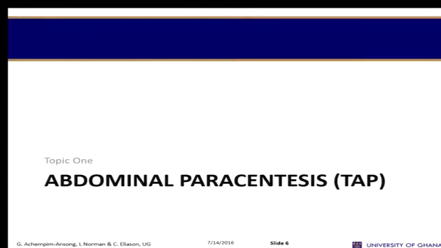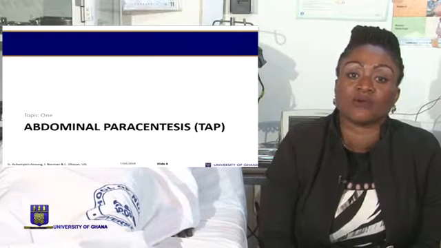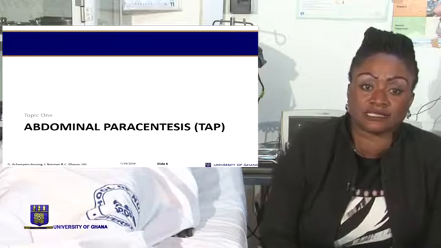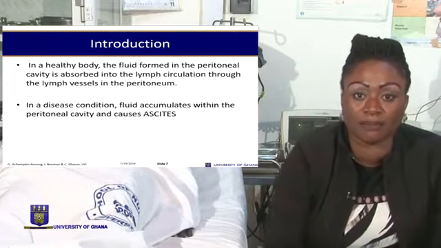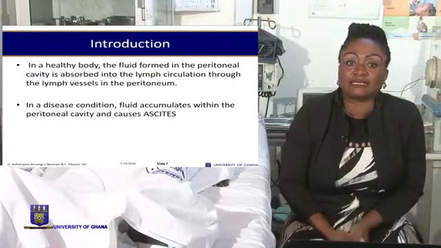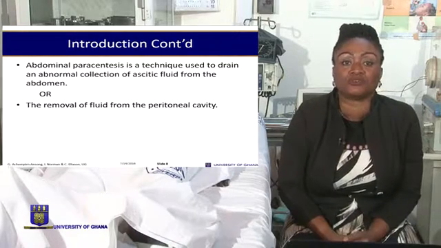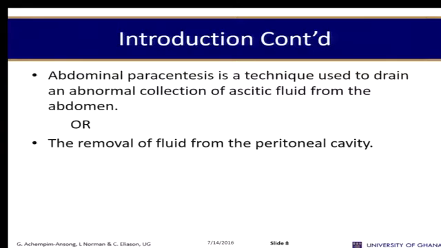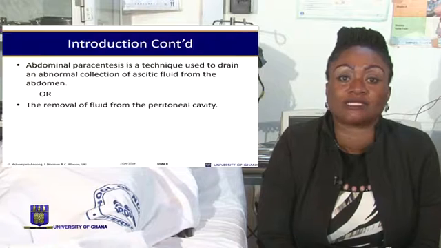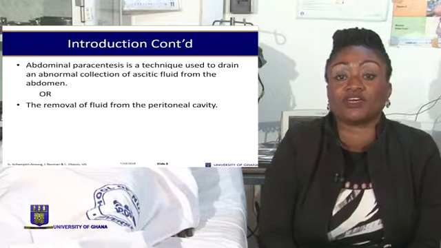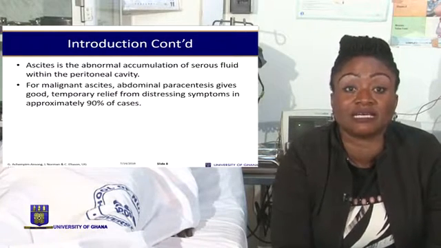So we shall concentrate on topic 1, and that is abdominal paracentesis, which is also known as tap or tapping. Abdominal paracentesis is a technique used to drain an abnormal collection of ascitic fluid from the abdomen, or it is the removal of fluid from the peritoneal cavity.